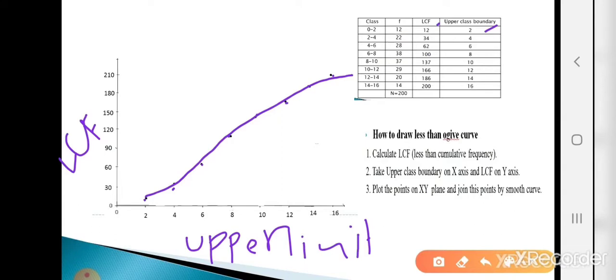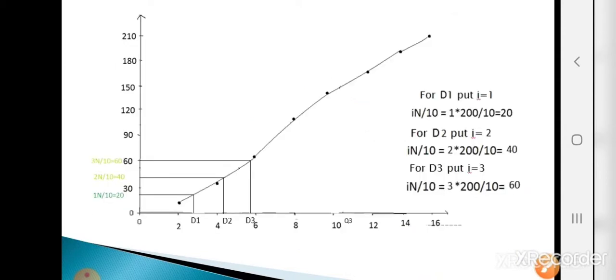Now how to calculate the deciles by using the less than ogive curve? See, for D1, what is the value of in/10? It's 20. For D2, what is the value of in/10? It's 40. And for D3, what is the value of in/10? It's 60. Now see the points 20, 40 and 60 on the y-axis. Now draw the horizontal line up to the curve.